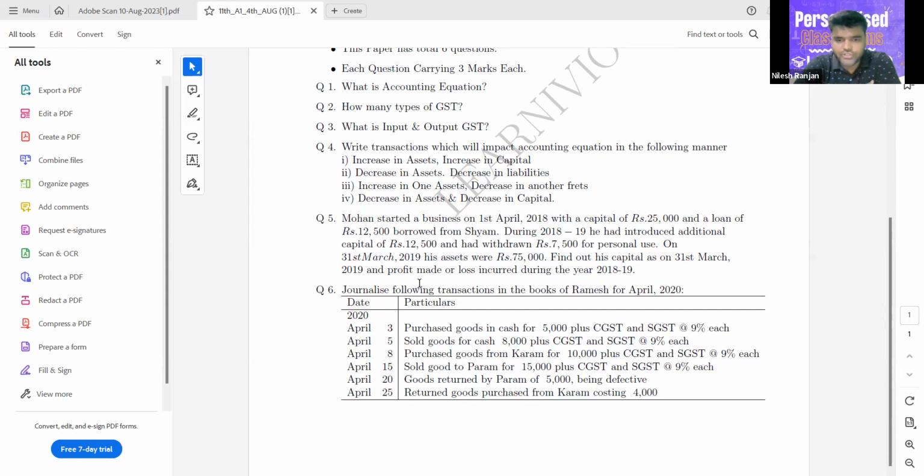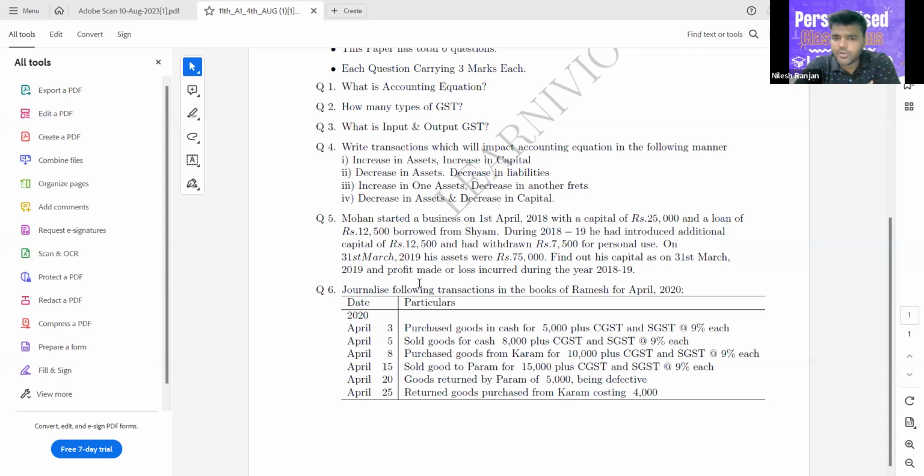You have to pass the journal entry for these transactions. I only did the first three, sir. What about the April 15 transaction? That I did not write.